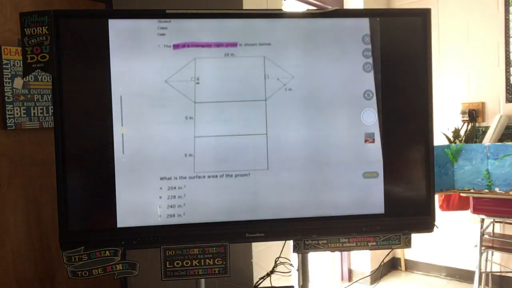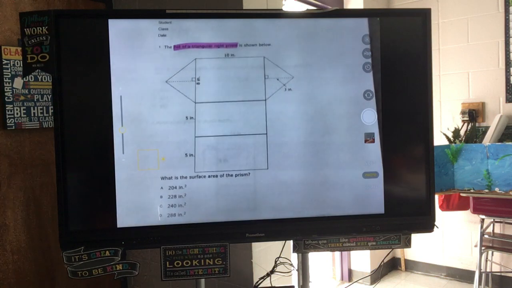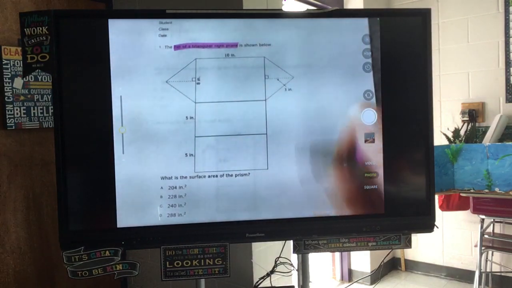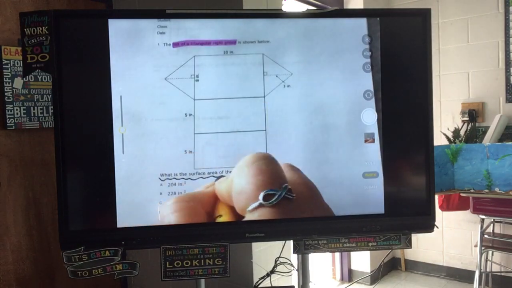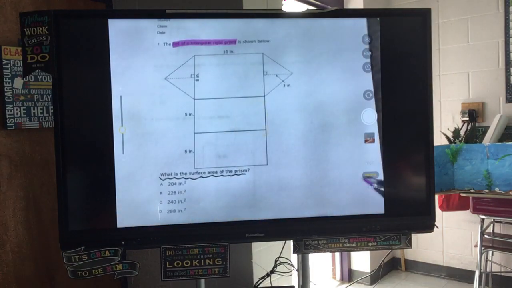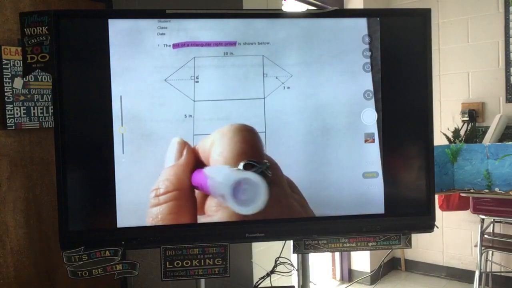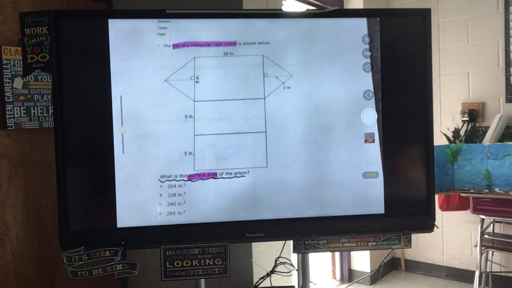Okay. So it's telling us what type of prism it is. What else is important? What was that? The whole bottom part of the question. Okay, but what's really important within this question? Kira? Surface area? All right.